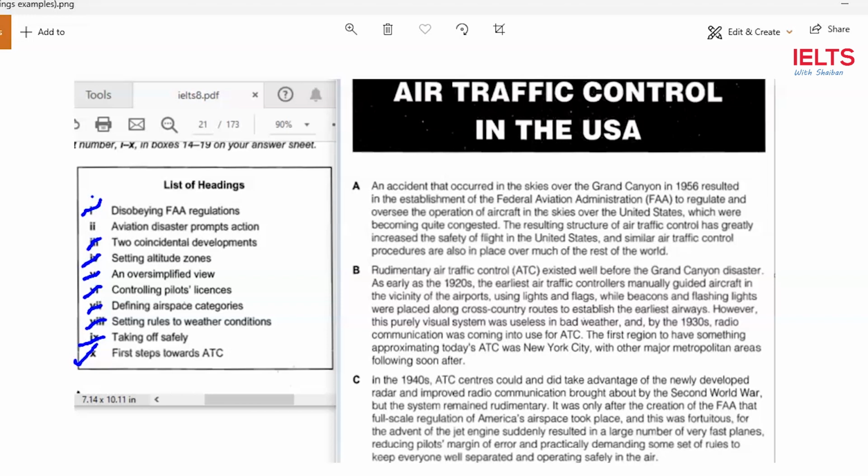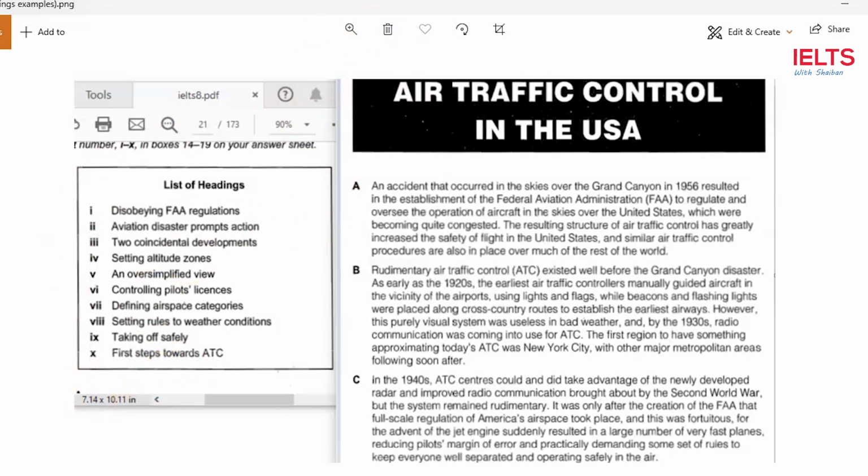It talks about the 1940s, World War II, radar improved, or the ATC was improved by the newly developed advantages of the radar and the radio. So again, if I go and look at the answers, we use the same technique in here.